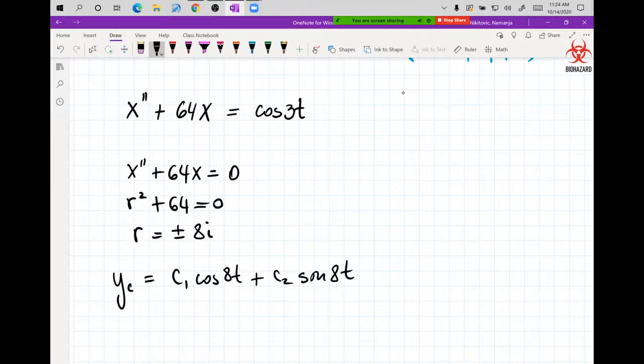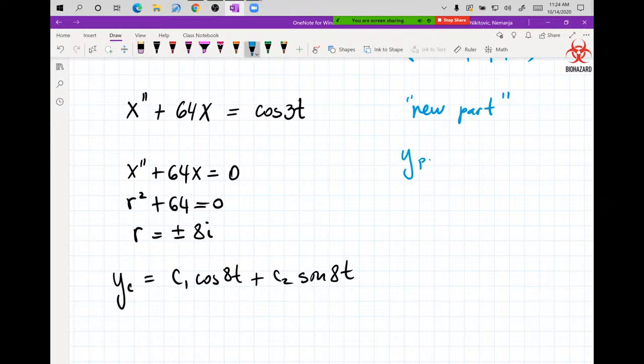Now, here comes the new part. What we now want to do is to find the form, or you memorized it. We want to find the form for undetermined coefficients for cosine 3t. So if you are assuming, remember the intelligent guess, right?